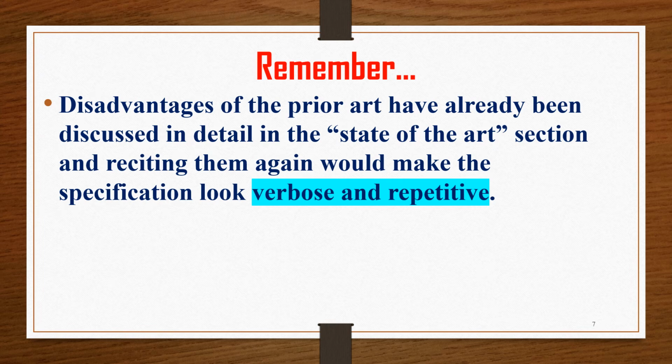Because in the previous content, that is the state of the art, the disadvantages of the prior art have already been discussed in detail. So reciting them again and again makes the specification look verbose and repetitive. So that's why this repetition should be avoided in this particular section of the complete specification. Fine.